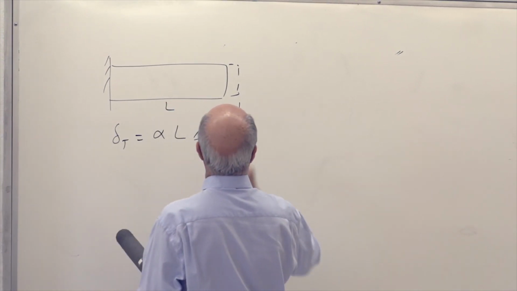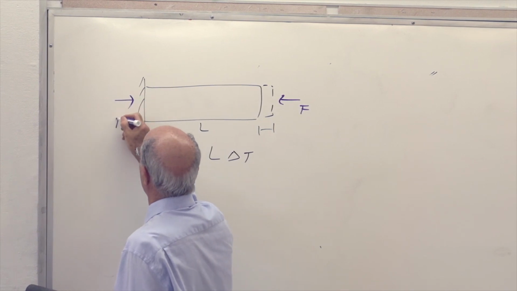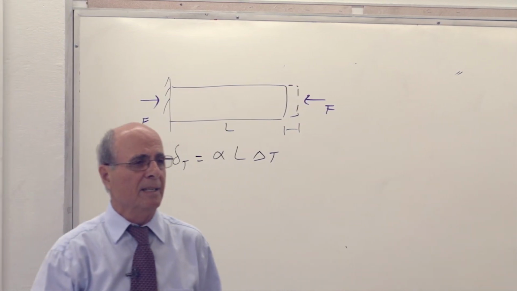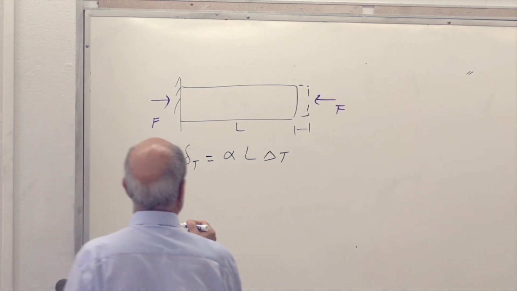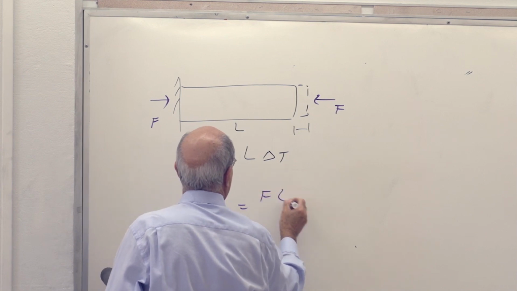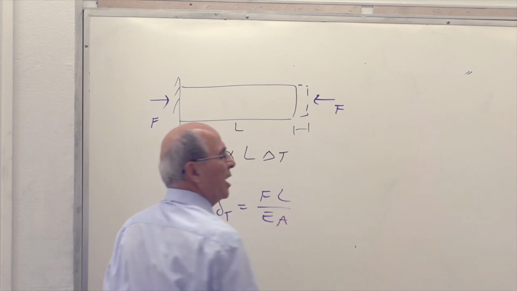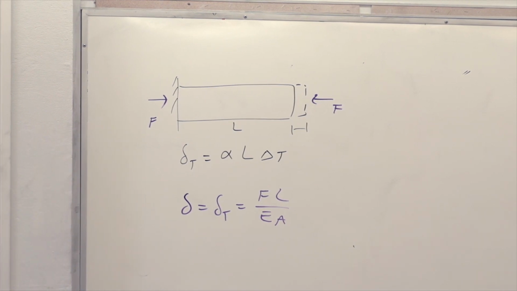I'll have to put a force F there. Of course, as soon as I put a force there, there must be an equal force here. Now delta is given, F is not given. So I have to use delta equal to delta T equal to FL over EA. So the only unknown will be the amount of force.